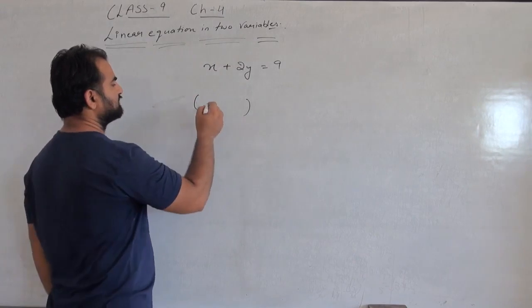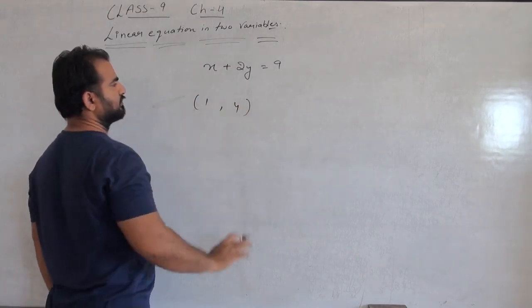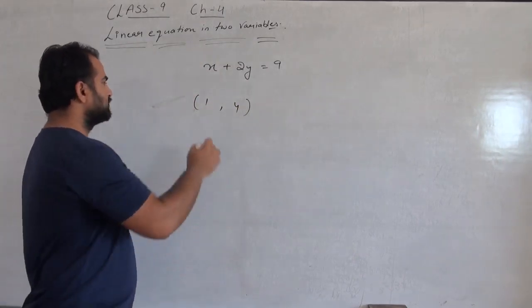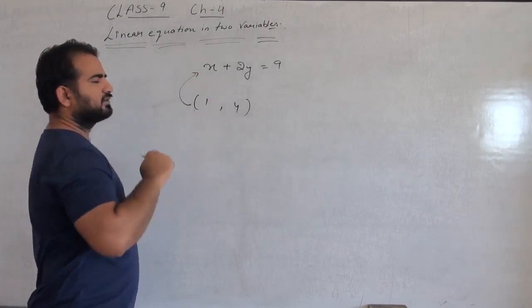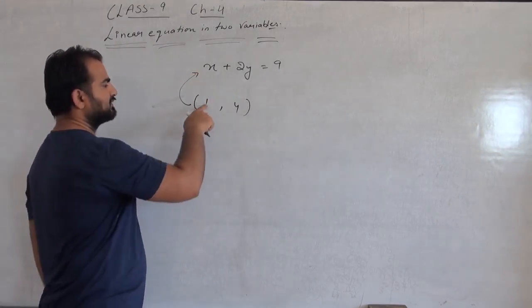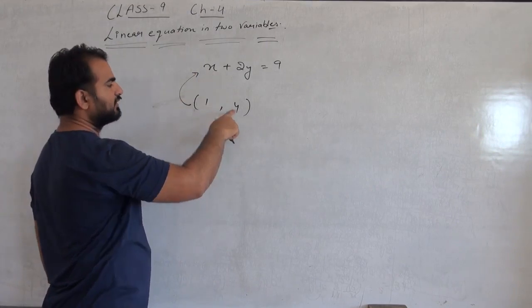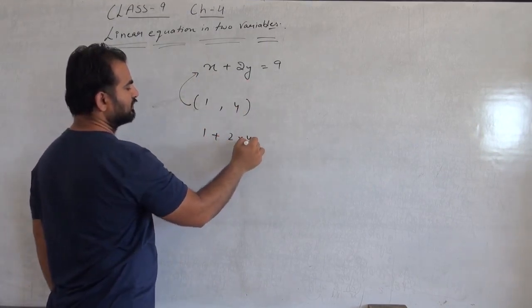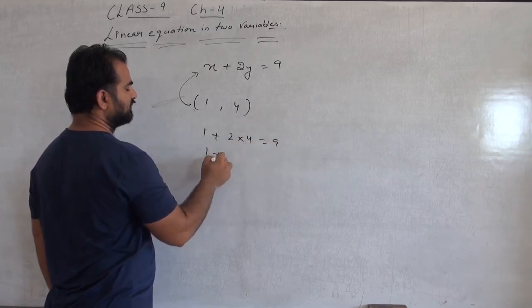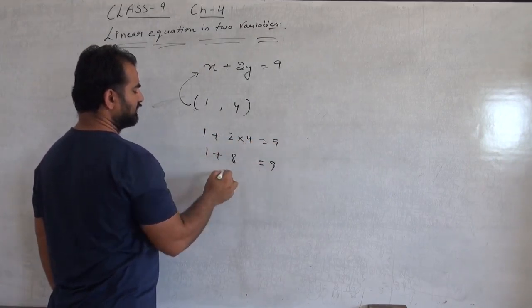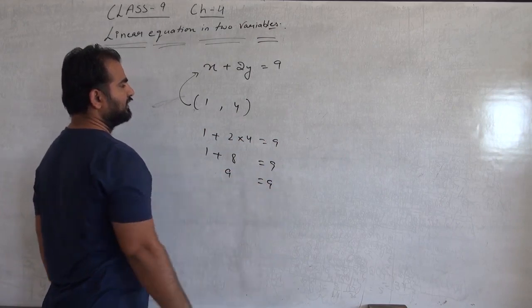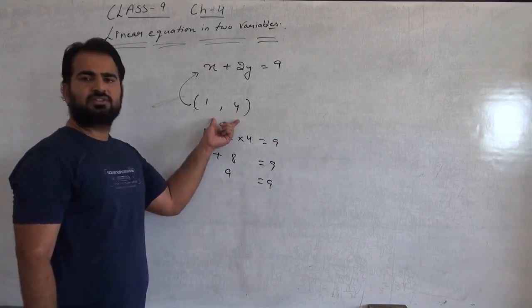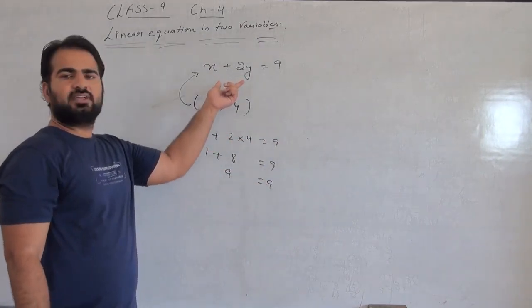So let x is equal to 1 and y equals to 4. What we have to do is just place x there and y there. So it will be 1 plus 2 into 4 equals to 9. So 1 plus 8 equals to 9. So 9 equals to 9. It means that this point or this coordinate satisfies this equation.